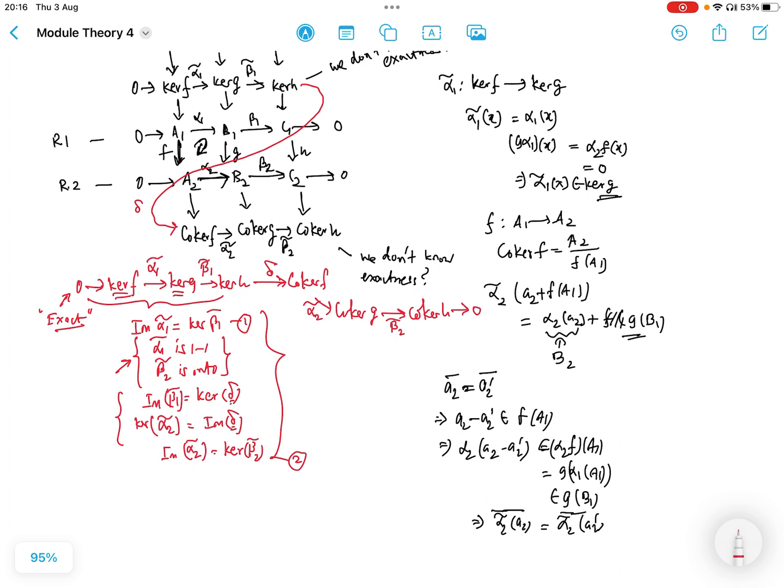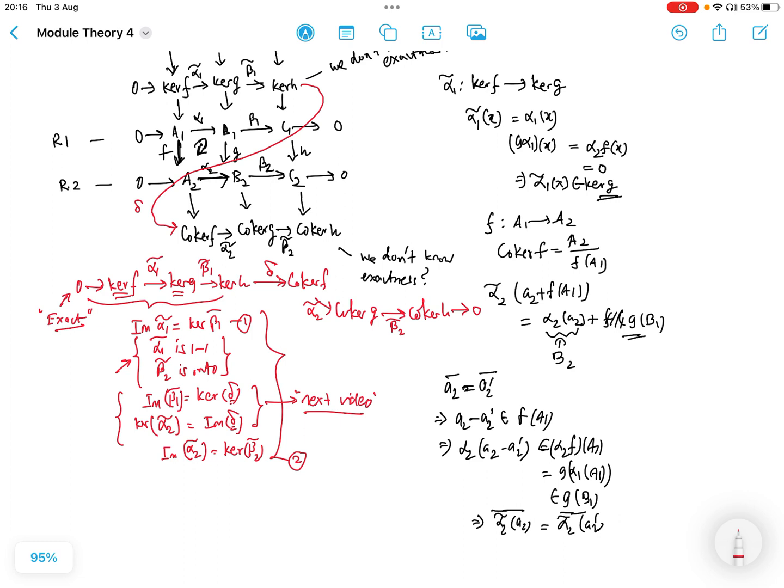So we don't need any delta. So maybe I will talk about the definition of delta and how the image of delta matches with kernel of alpha 2 tilde, and these two, in the next video. For that I need to define what the map delta is, so I can do it in the next video.